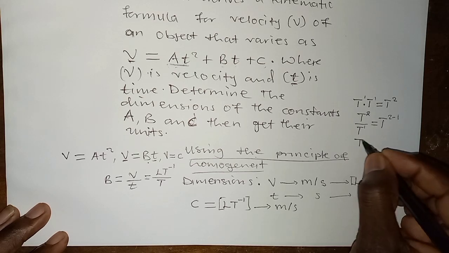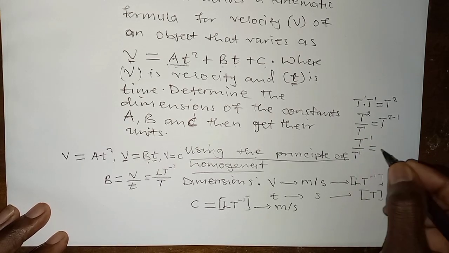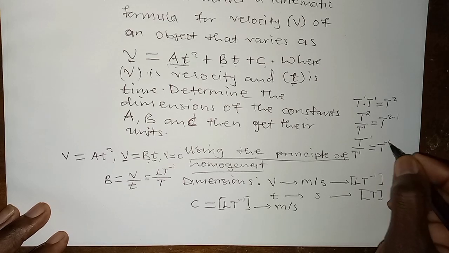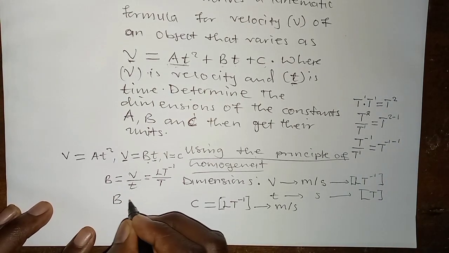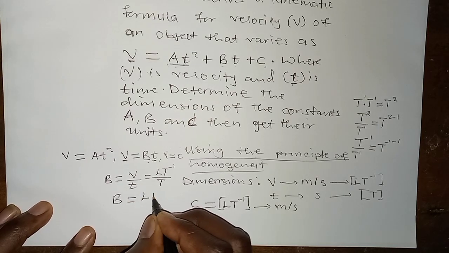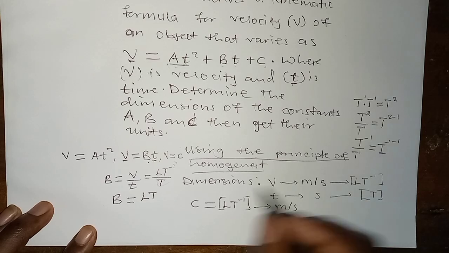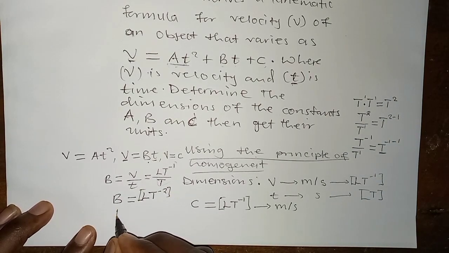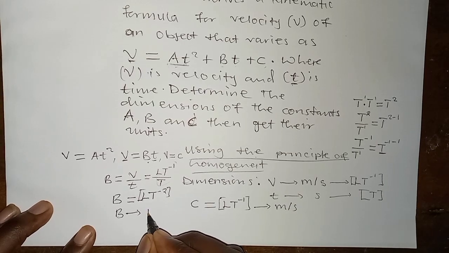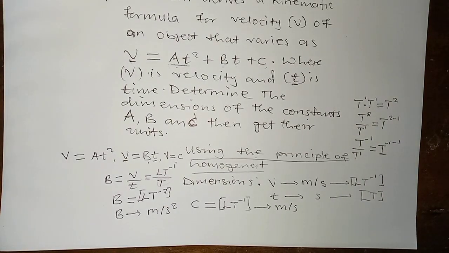What about T to the power negative 1 divided by T to the power 1? This is the same as T to the power negative 1 minus 1. So b has to be equal to L T, and in that format you will see it gives negative 2, meaning that the SI units for b are meters per second squared. I believe this is very clear.